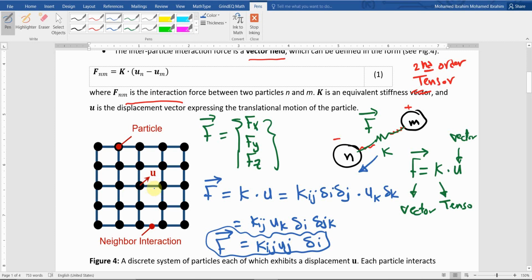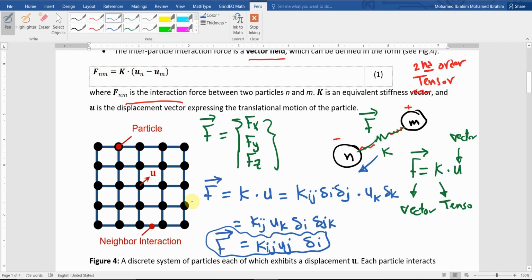So this interaction is just a force, like a spring force. And this is the general form of the interaction generated between two neighbor particles, a vector in this form.